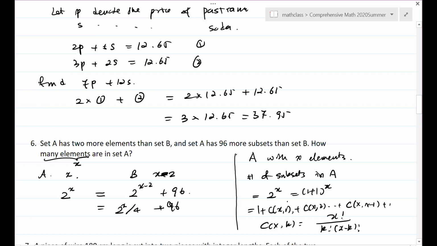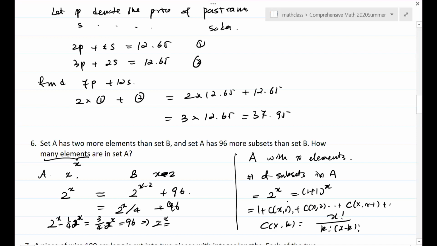Then you solve for 2 to the x. Move 2 to the x over 4 to the left-hand side: 2 to the x minus a quarter of 2 to the x, which is 3 over 4 times 2 to the x. This equals 96. So I can solve for 2 to the x.